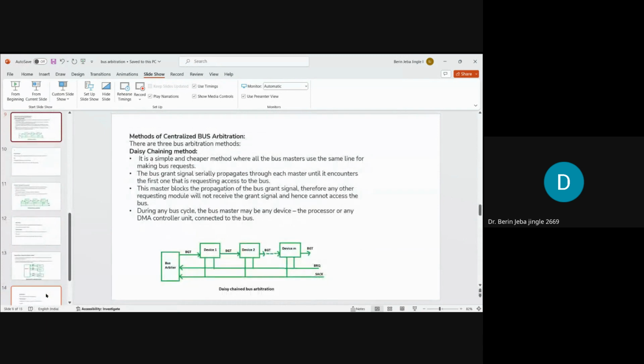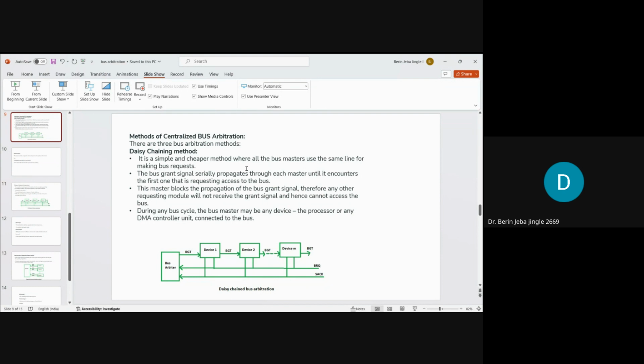So, the daisy chain method. What does the daisy chain method mean? It is a very simple and cheap method. All the bus masters use the same line for making bus requests. The bus masters, such as the DMA controller and the processor, are the devices that initiate the job. They all request on the same line.